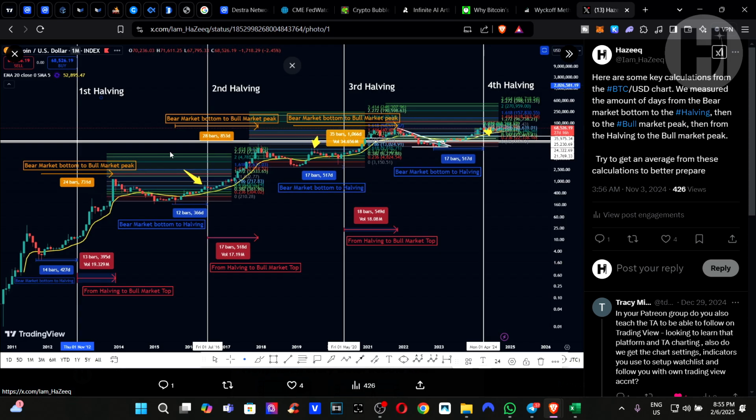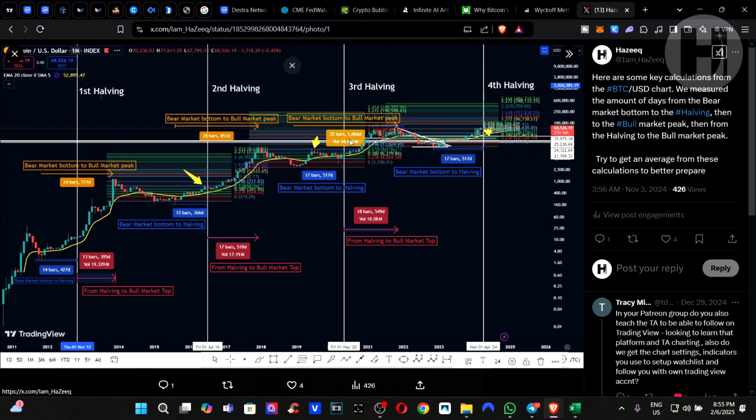With each cycle it gets longer, so we have a tendency to extend the cycle from the bear market bottom to the bull market top. Again, from the 2015 bear market bottom it was 731 days, then it was 853 days, and then here it was 1,066 days.